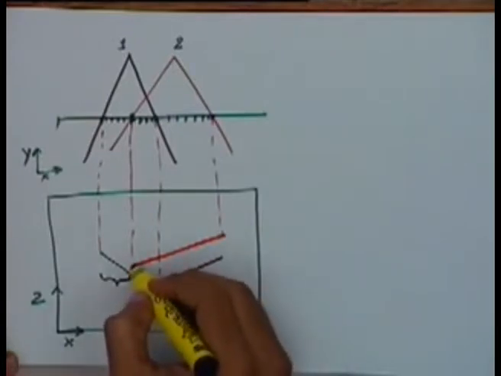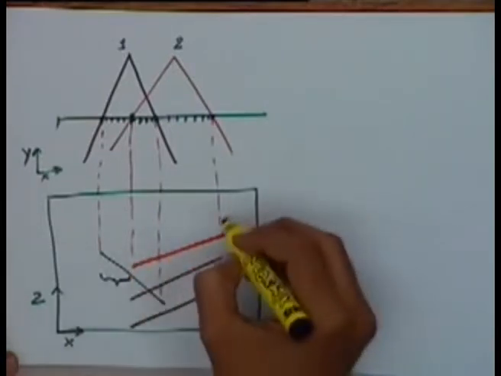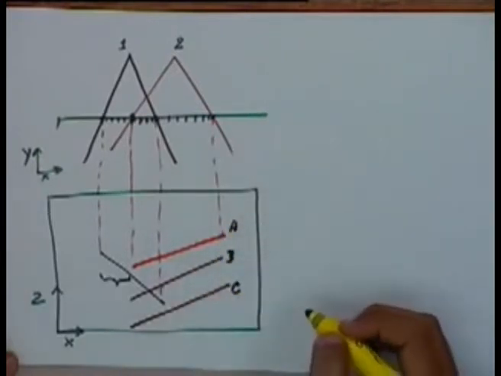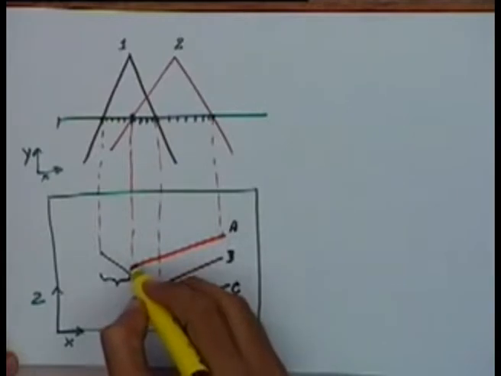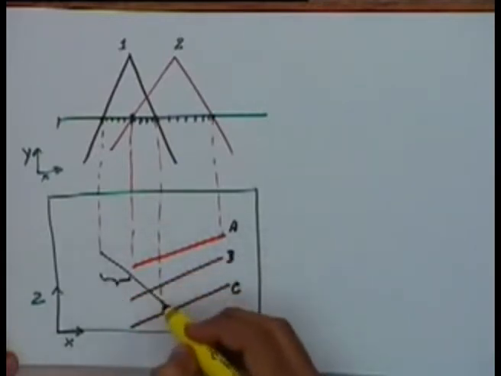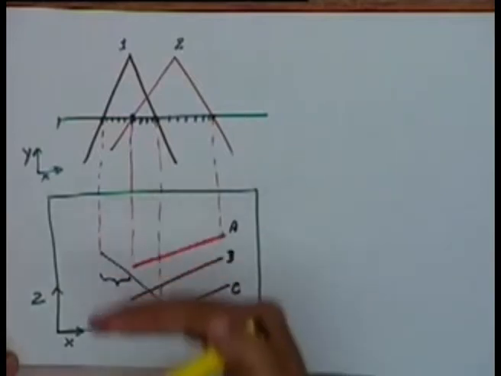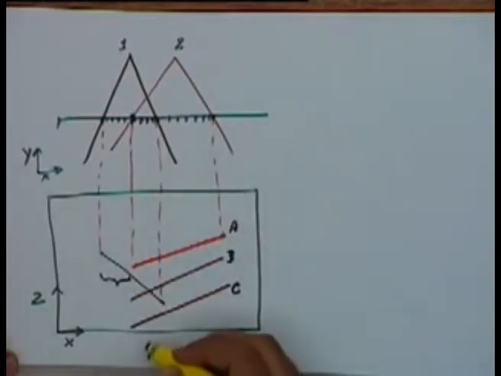Okay, if this is the intersection, that is case number A, this is case B, and this is case C. In case A, this polygon is behind this polygon. So I am going to display this polygon, because this polygon drawn in green, polygon number 1, is in front. I am looking at it from this side right now.